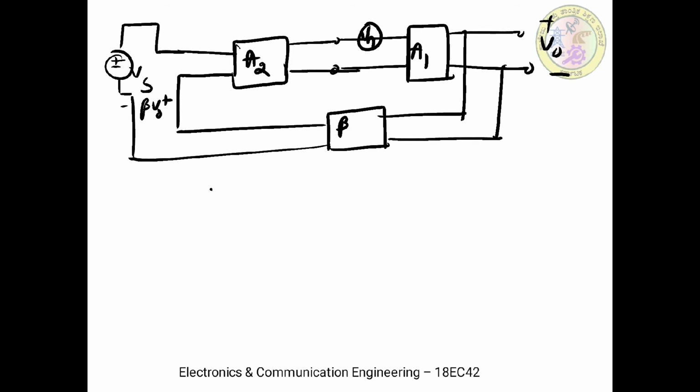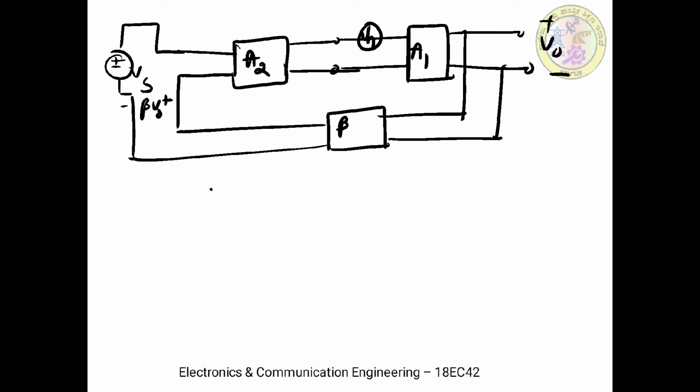Now in this block diagram, the A1 amplifier is preceded by another amplifier A2. A1 amplifier is suffering from the noise Vn, whereas A2 is a clean amplifier, not affected by any noise.